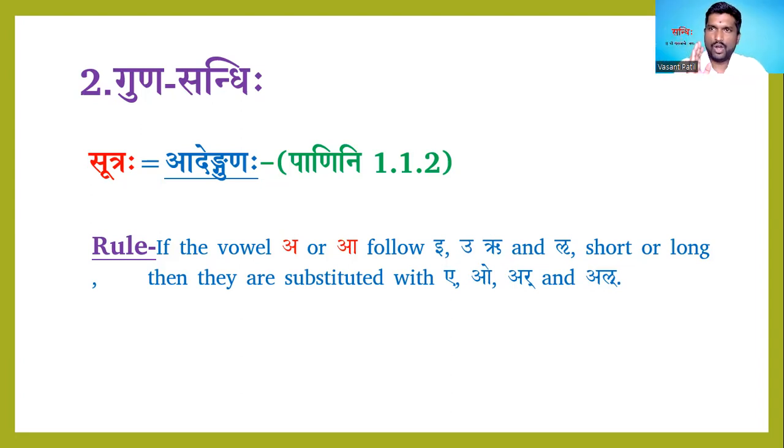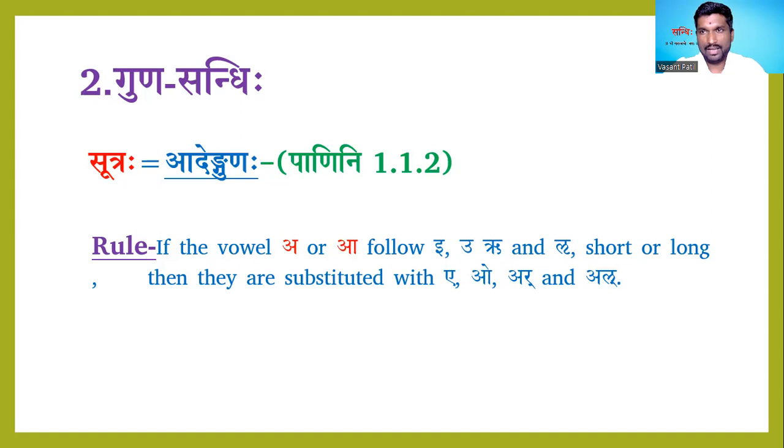Simple. A or ā followed by i, u, ṛ, whether short or long, then a plus i will become e. Like that, e, o, ar, al, it will change into. When we move further and see examples, the understanding will be more.